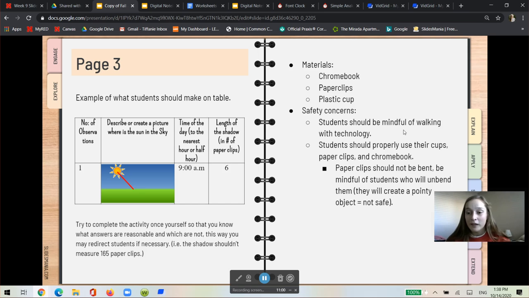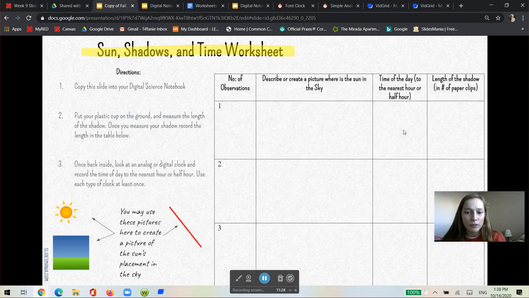There's no way that a Dixie cup is going to make a shadow that large. Doing it prior, as a teacher, will help you know the ballpark of where reasonable students should be, and they can't just try to have the biggest shadow. It's not a competition. They want to be accurate. So I just thought I would add that extra note in there. I think it's important. But anyway, that's kind of what I did.